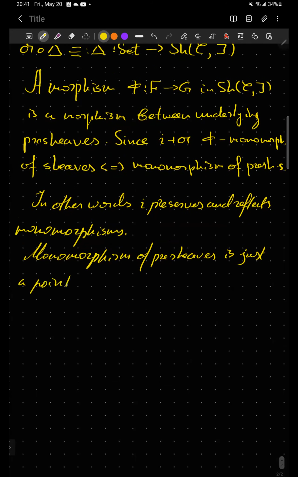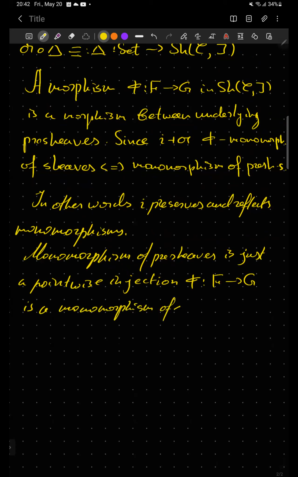So just a pointwise injection phi from F to G. So phi is a monomorphism of sheaves if and only if phi_C is a monomorphism for every object C in our category.